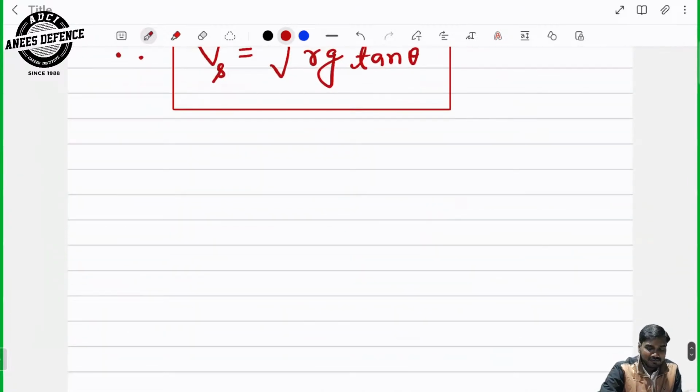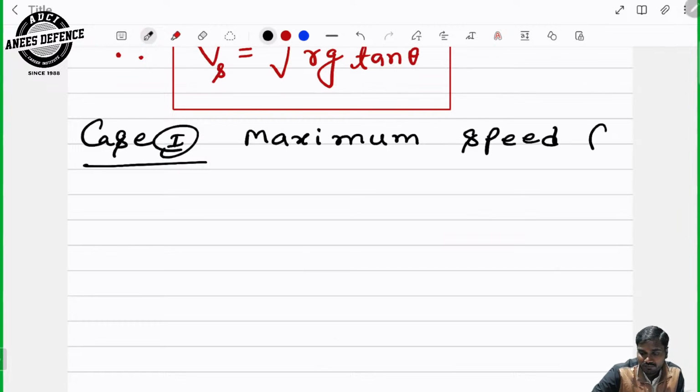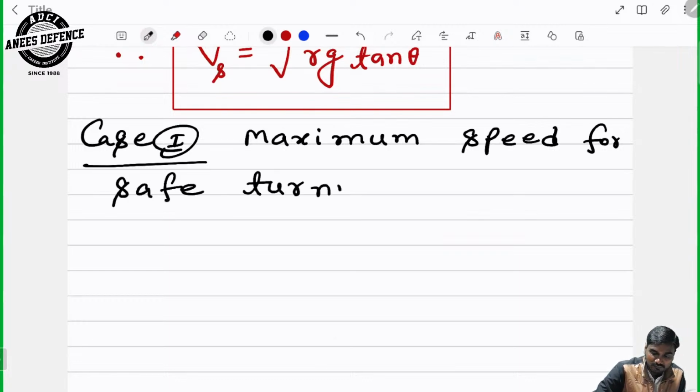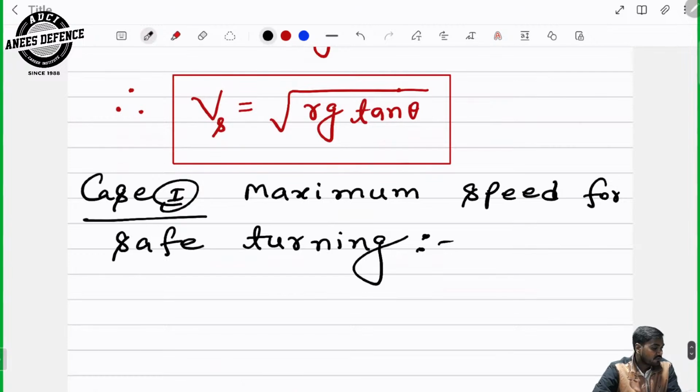So just consider situation number 1: maximum speed for safe turning.